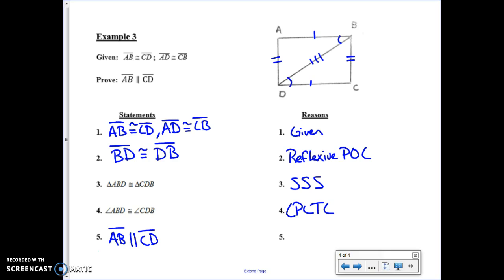So now why can we say that AB is parallel to CD? And you got to think all the way back to chapter 3 here. Those angles are on opposite sides of a transversal. They're on the inside. So those are alternate interior angles. But we're proving it's parallel, so that's the converse theorem.